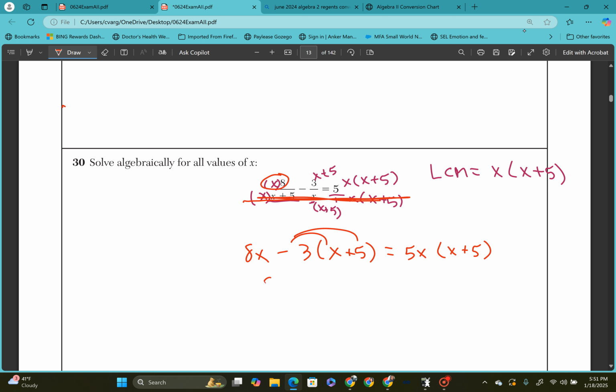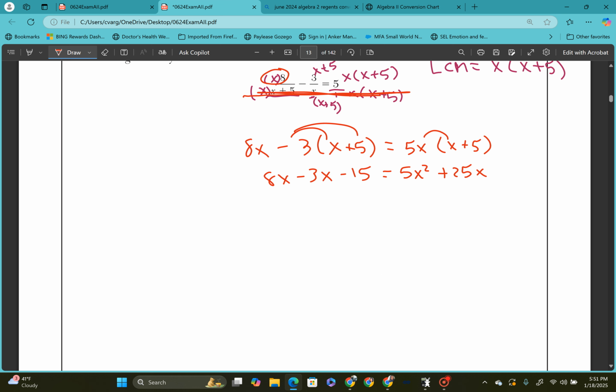Let's distribute that. So 8x minus 3x minus 15 equals 5x times x is 5x squared plus 25x. Okay. Let's get everything to one side. So these combine to give us 5x minus 15 is equal to 5x squared plus 25x.